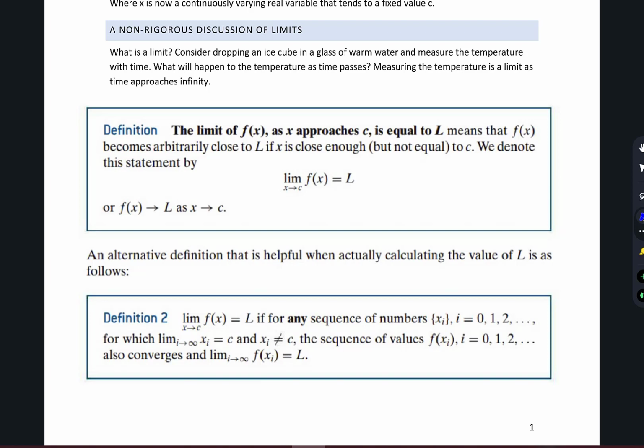And so measuring that temperature through time, we can think of that as a limit. And so if we were to let time go on for long enough, eventually the temperature of that glass of water would be equal to the temperature in the room.